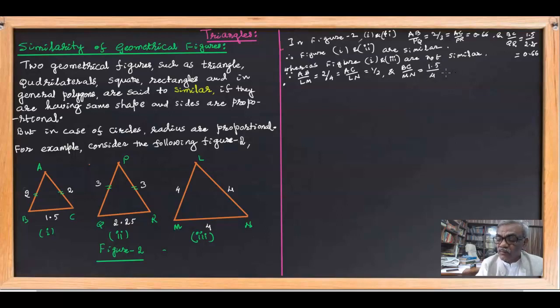Therefore we can see AB by LM equal to AC by LN and not equal to BC by MN, and therefore they are not similar.